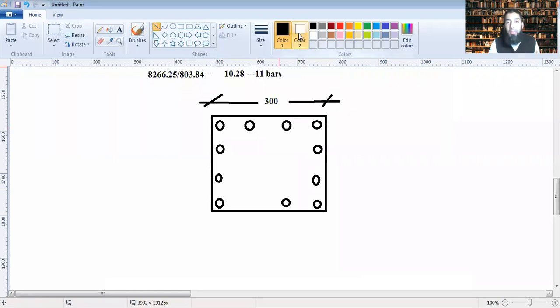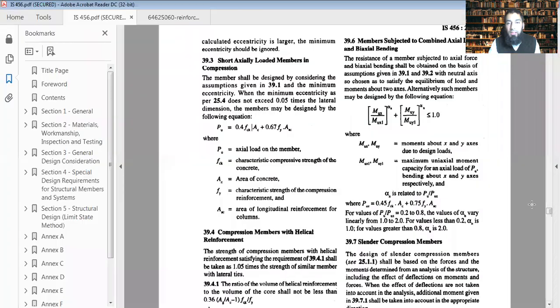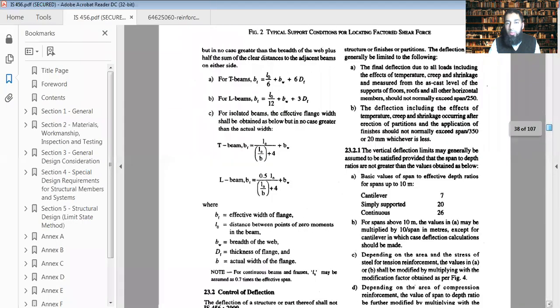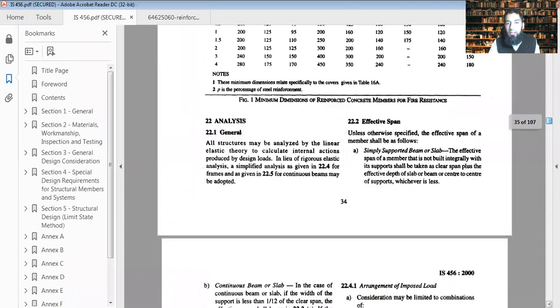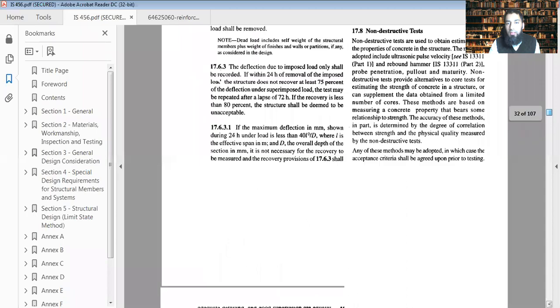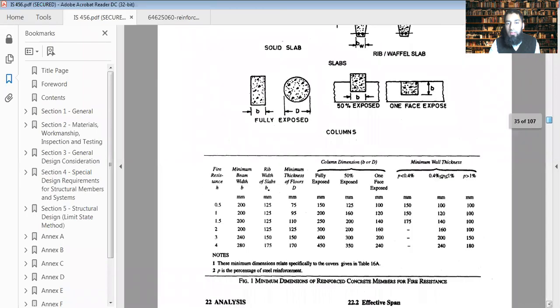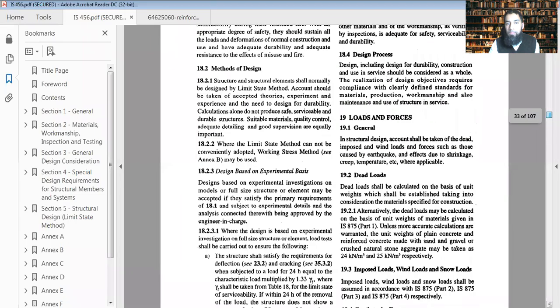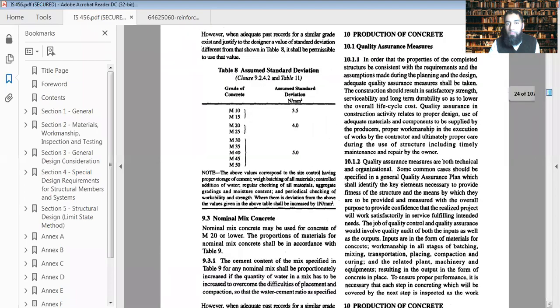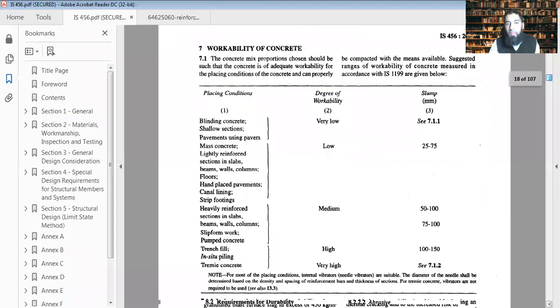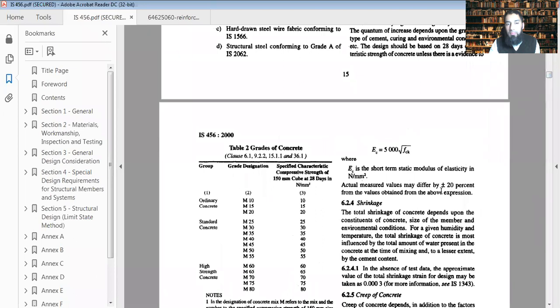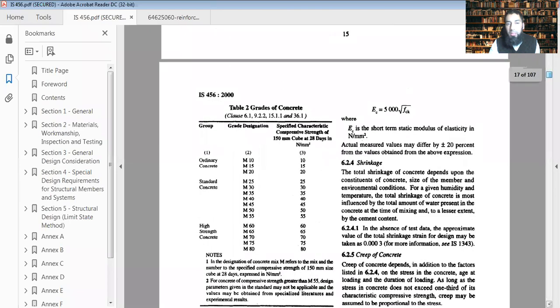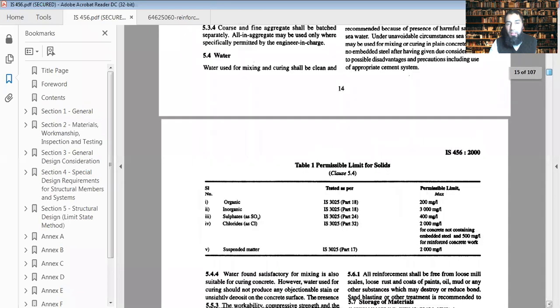Then you have to provide the cover, and the cover in this column that you provide, one cover is provided as per the exposure condition.